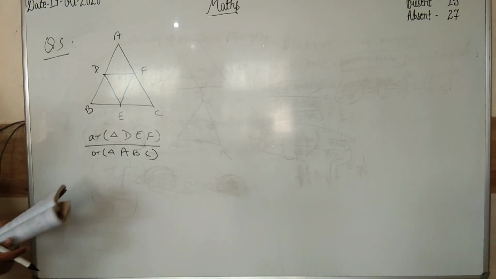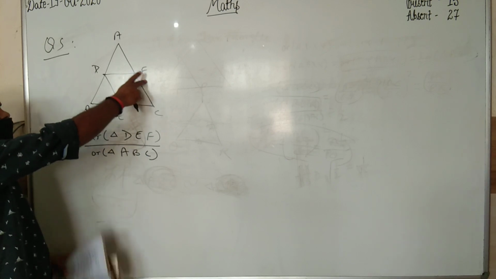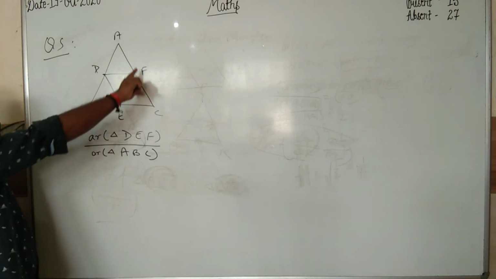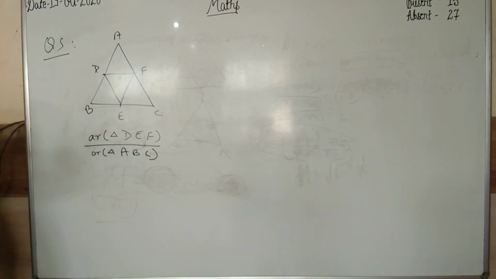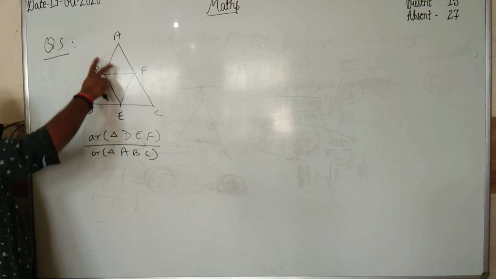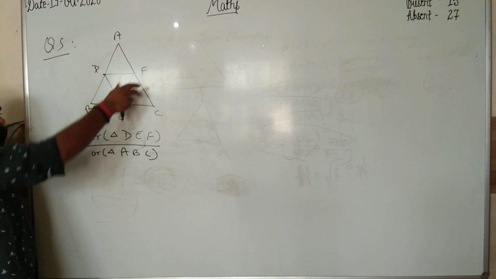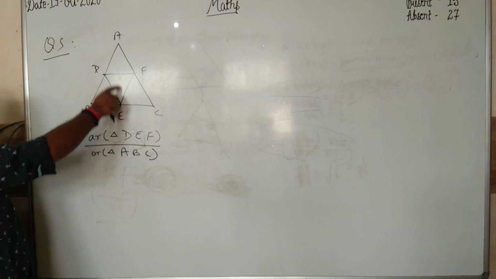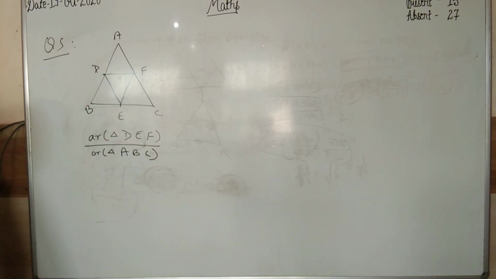The question is that D, E and F are the midpoints of the sides AB, BC and CA of triangle ABC. Means these three are the midpoints of AB, BC and CA. We need to find the ratio of the area of triangle DEF and ABC.